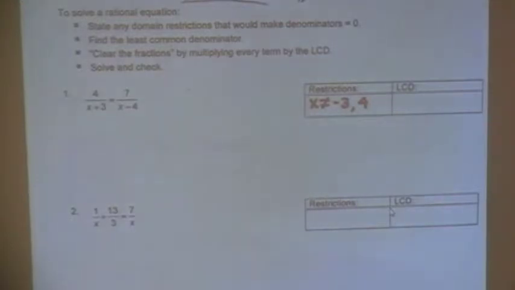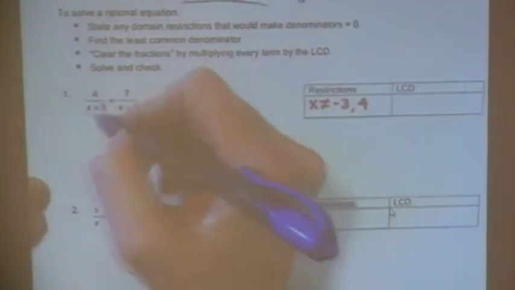Alright, so now we're going to do just what we did when we were adding and subtracting rational expressions. We're going to figure out what our LCD is. And this time they even gave us a nice little LCD box. We're going to go fraction by fraction, put what's in the denominator has to be in the LCD box. So my first fraction has an x plus 3 in the LCD box.